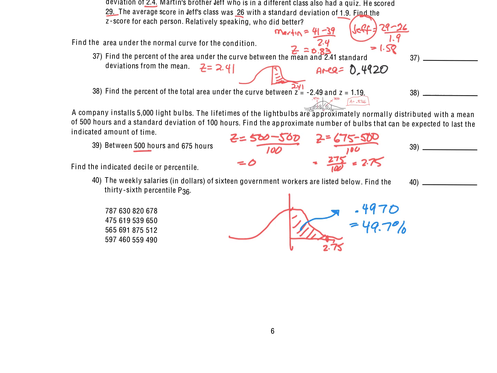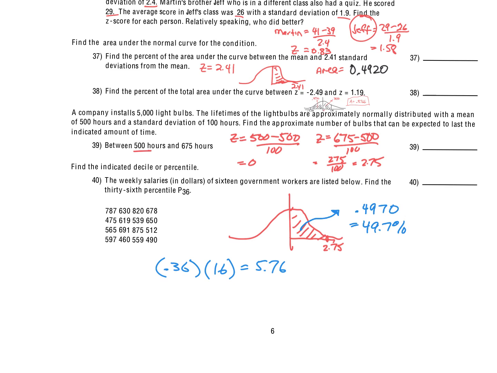Next question. The weekly salaries of 16 government workers are listed below. Find the 36th percentile. Okay, so we're going to find 36% of the number of workers. They're in groups of 4, so 4, 8, 12, 16. So 0.36 times 16 is going to equal 5.76.